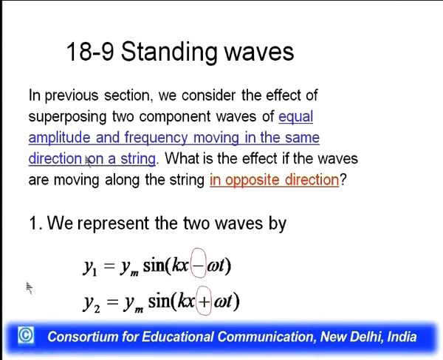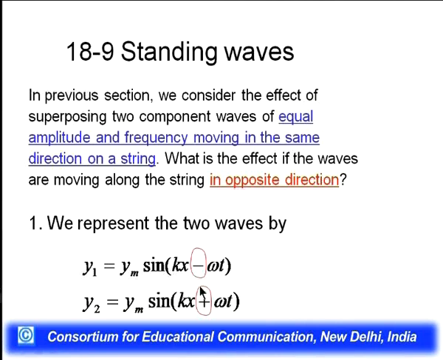We represent the two waves as y1 equals ym sin(kx minus omega t), and the second wave is ym sin(kx plus omega t), having equal amplitude and frequency. Moving in the same direction on a string, we already discussed. Now if it is in the opposite direction, then what happens?